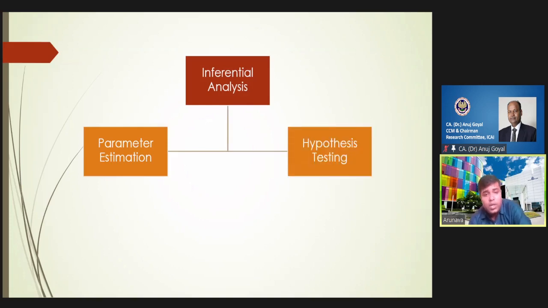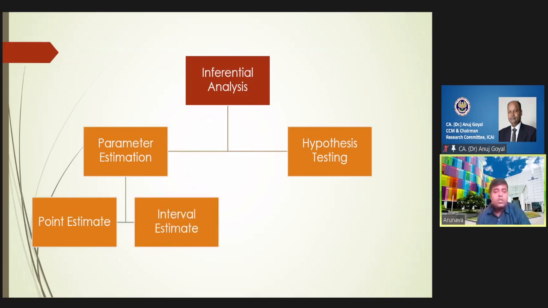So in inferential analysis, we have two parts. One is parameter estimation, one is hypothesis testing. In parameter estimation, we have discussed that a parameter is for a population. So while estimating a parameter, we take the statistics from the sample and try to estimate the parameter. That estimate can be a point estimate, where we check whether the sample mean exactly matches the population or not.